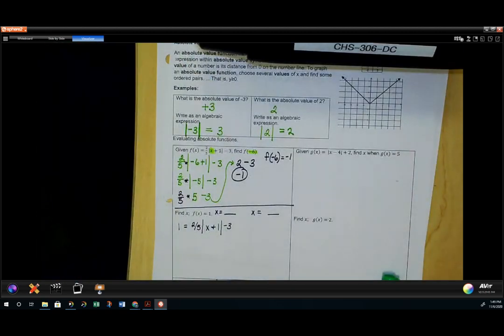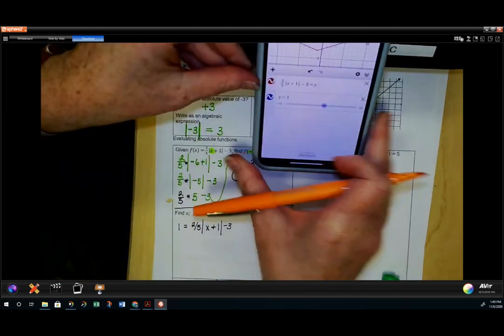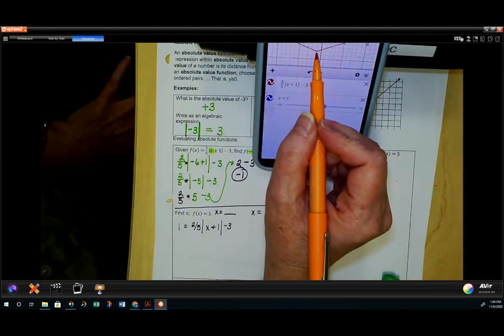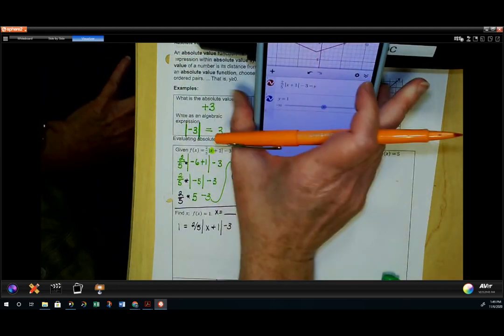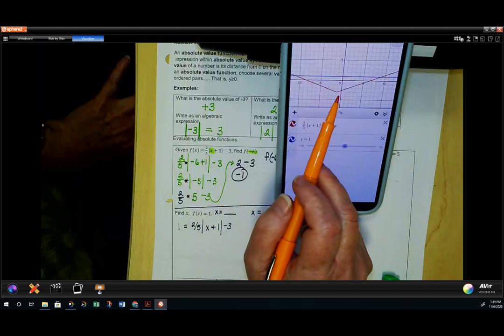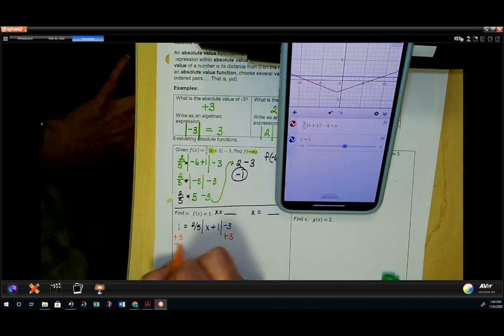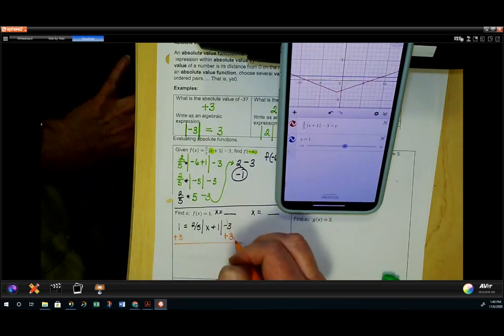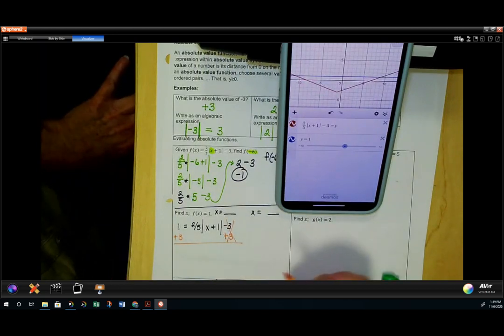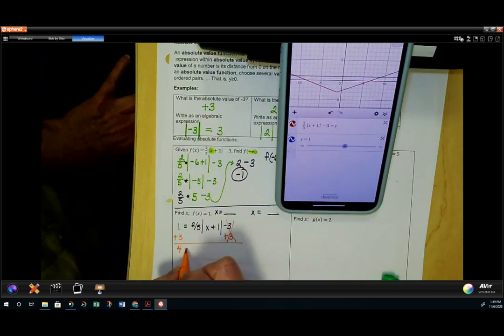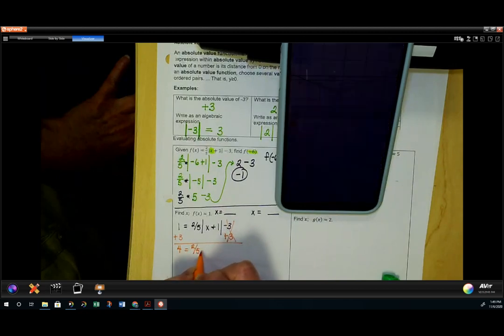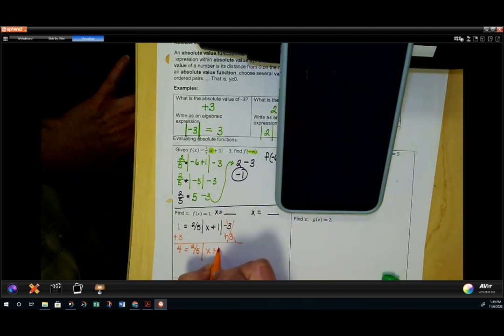If I look at my Desmos, my graph slid on down, but now I've got to add that to both sides. So that cancels that out, and now I've got 4 is equal to 2/5 absolute value of x plus 1.